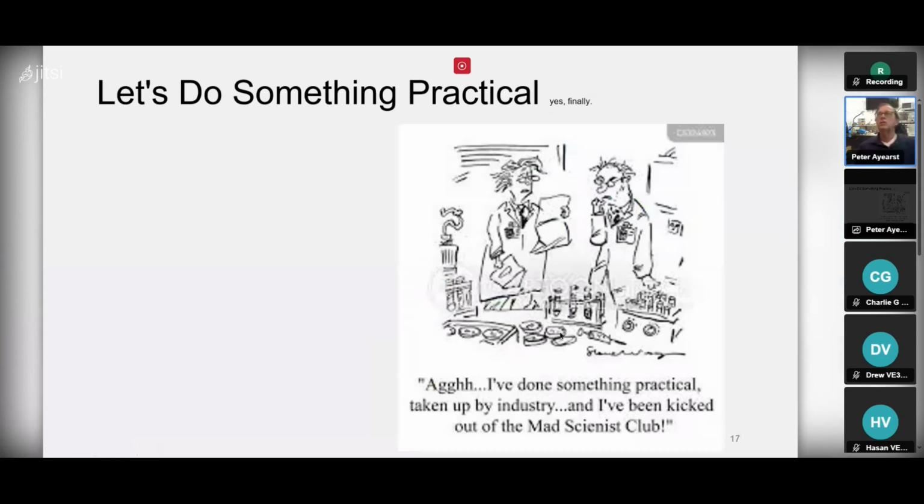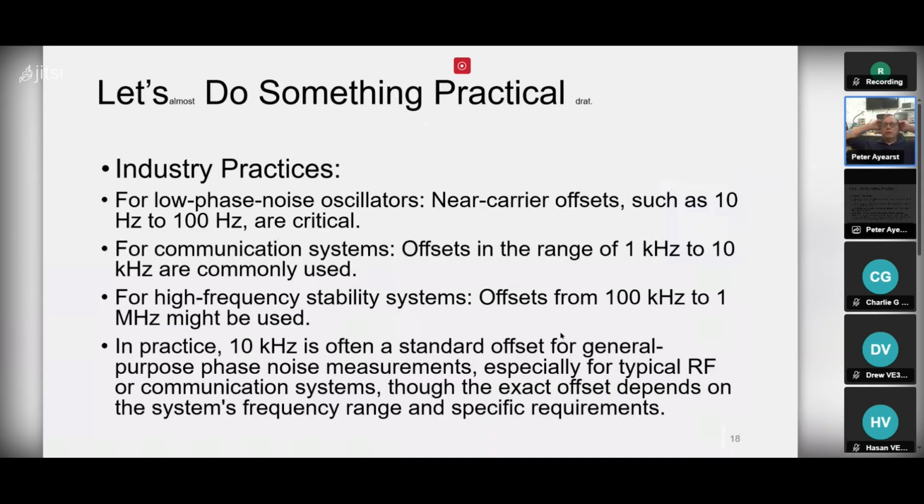So let's try something a little bit on the practical side of things. Industry standards seem to be all over the map here, and some of them are so wide that I don't even know why you'd want to make a measurement. But anyway, for low phase noise oscillators, the near carrier offsets such as 10 hertz to 100 hertz are critical to use.